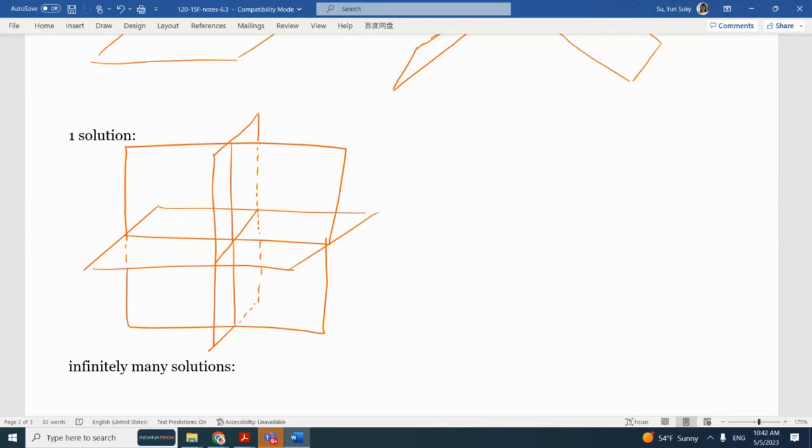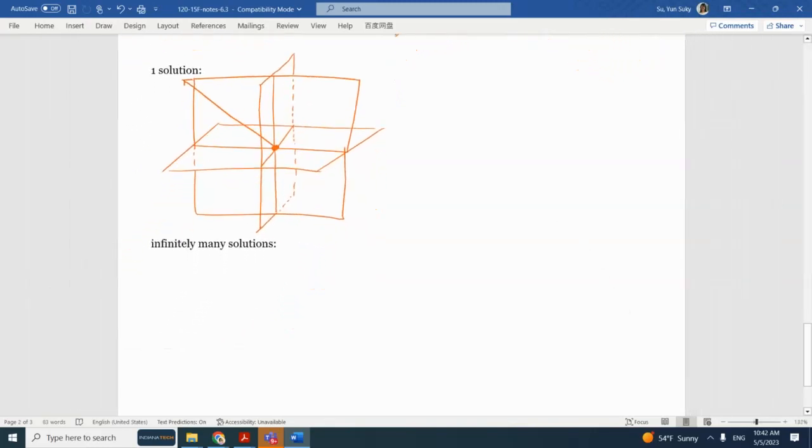One plane like this, another plane like that, and then another plane like that. Do you see the intersection is a single point? So that's why it's one solution. That single point is the one solution. It took me a while to practice how to draw this picture. A lot of lines.